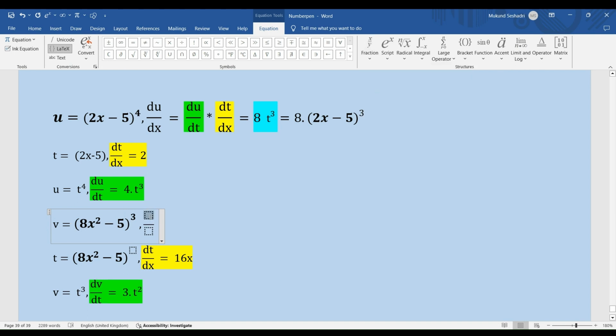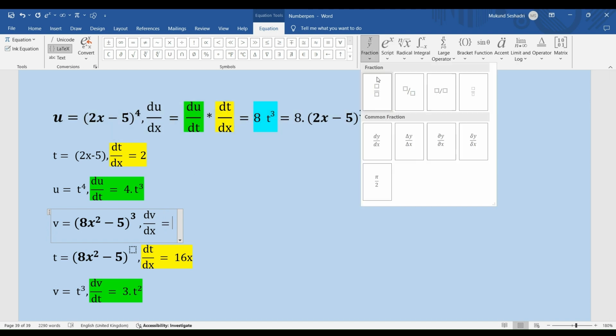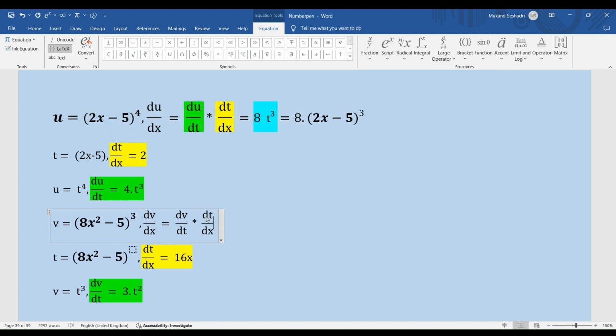So my dv by dx is nothing but, from chain rule, dv by dt into dt by dx, right? So my dv by dt is nothing but 3t square. So I'm going to write that out. And then I have my 16x, right? 3t square dot 16x, right?